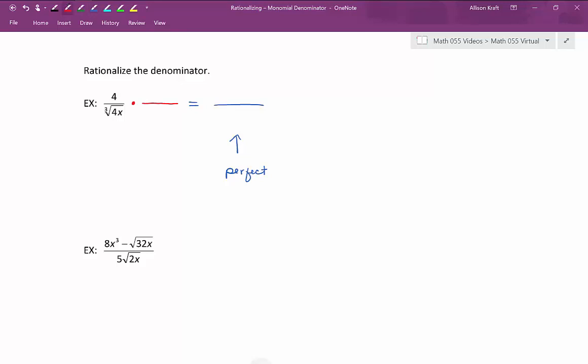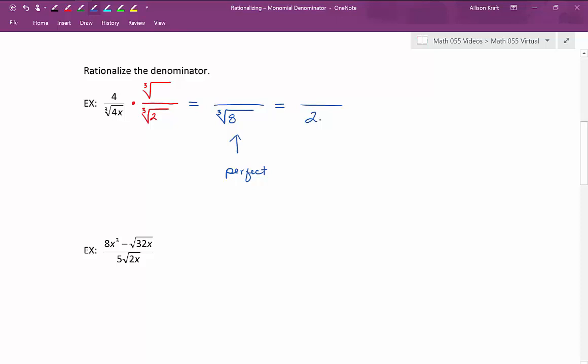We have a cube root, so we'll be multiplying by a cube root because the indices have to be the same for us to multiply. What would you have to multiply 4 by to get a perfect cube? Well, if you multiply 4 by 2, you get 8, and 8 is a perfect cube. The cube root of 8 is equal to 2.